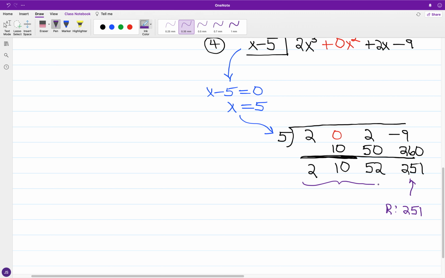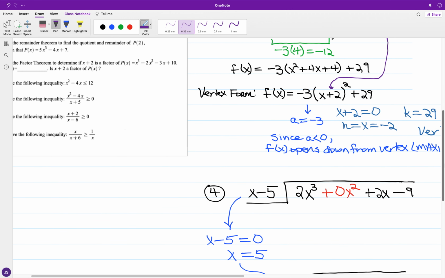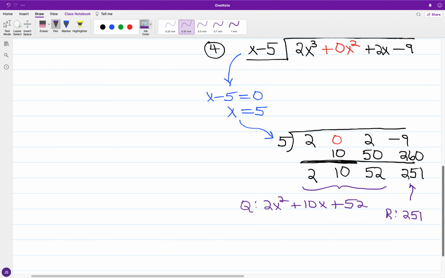For the quotient, I'm going from 2x cubed to 2x squared, plus 10x, followed by plus 52. And just for the display, the quotient plus the remainder over the divisor.